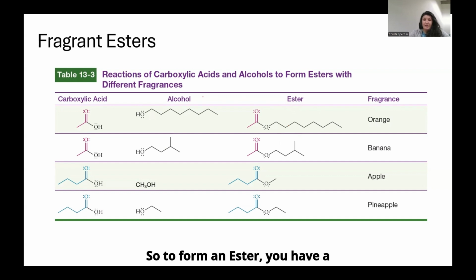So to form an ester, you have a carboxylic acid plus an alcohol. The carboxylic acid part up to the carbonyl stays the same. You break the bond between the carbonyl carbon and the OH. You break the bond between the H and the oxygen of the alcohol, and then you combine the carbonyl carbon and the oxygen of the alcohol.